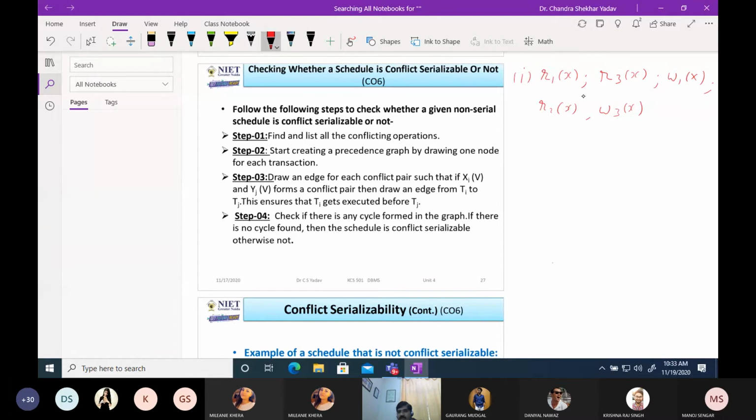Now let me know whether this schedule is conflict serializable or not. So what is the meaning of this syntax?